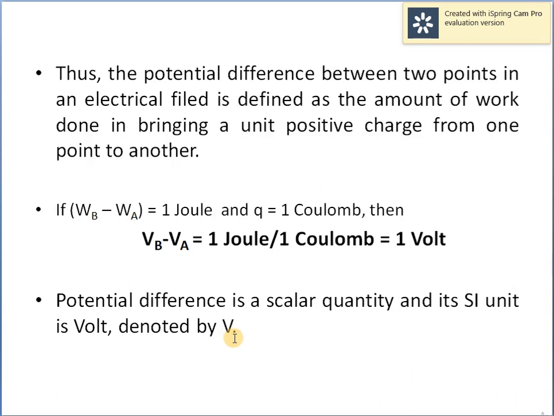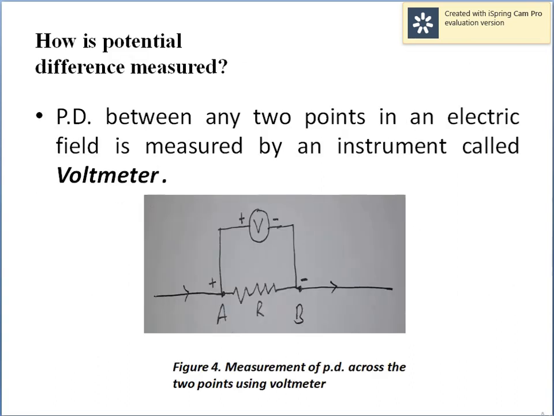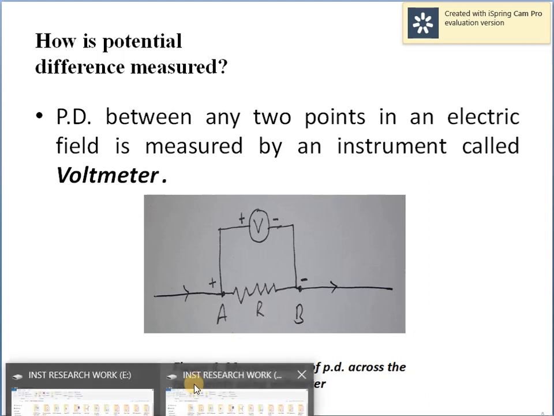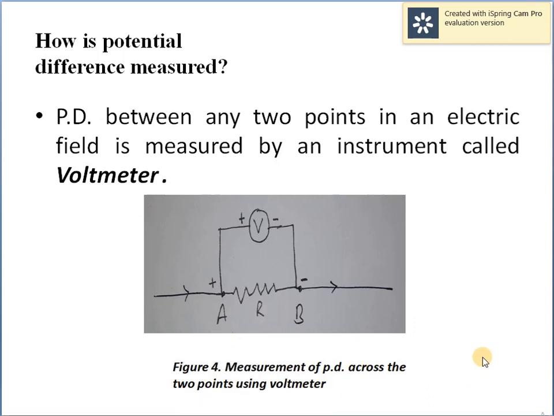Now we will be discussing the last topic of this lecture, that is how potential difference is measured. Here we can see from figure 4 a circuit I have drawn comprising a conductor, a resistor and a voltmeter.